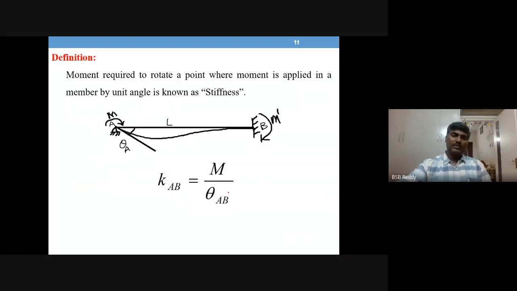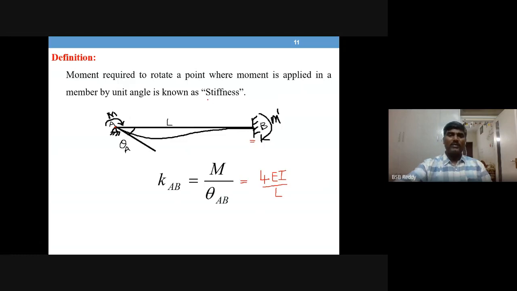Coming to the stiffness of the member, we have derived the value of stiffness of a member if the far end is fixed. That value is 4 EI by L. Stiffness is the moment required to rotate a joint by a unit angle.